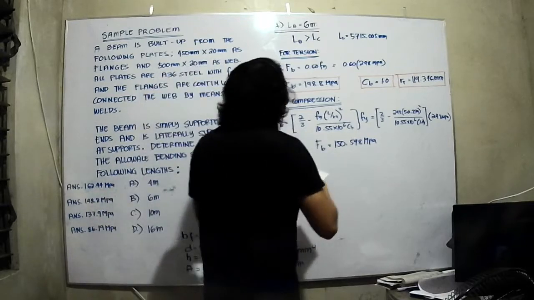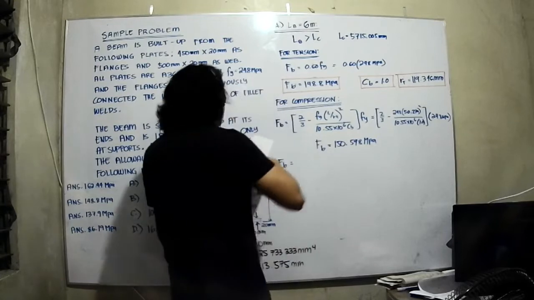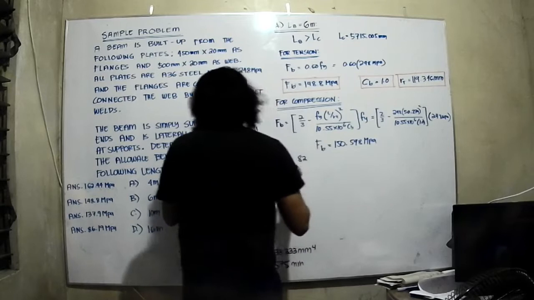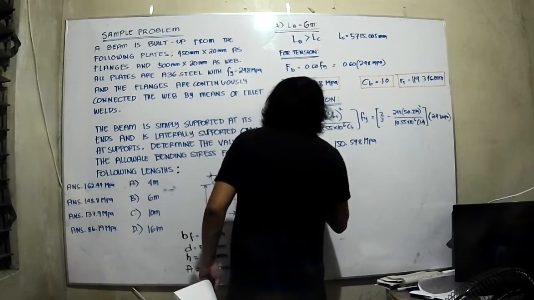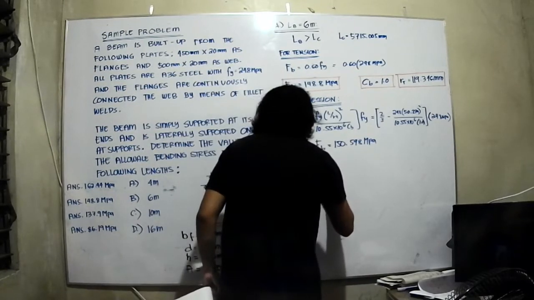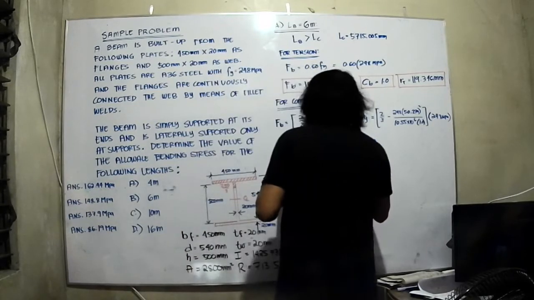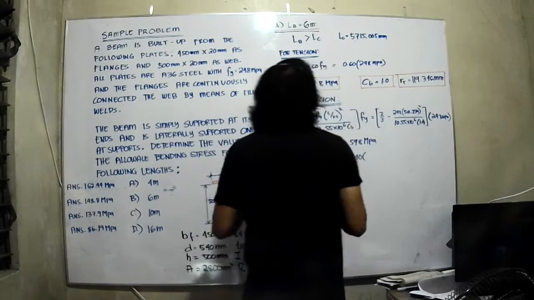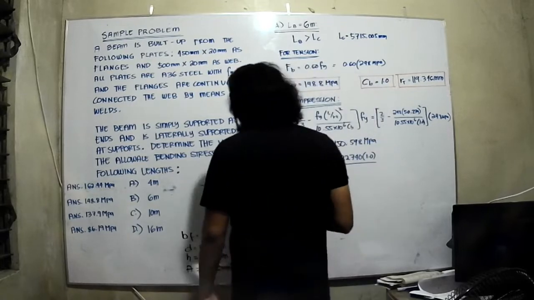Now, we will compare this value with the second formula. FB is equal to 82740 CB divided by LD over AF. That is 82740 times CB, which is 1.0, divided by LD over AF.